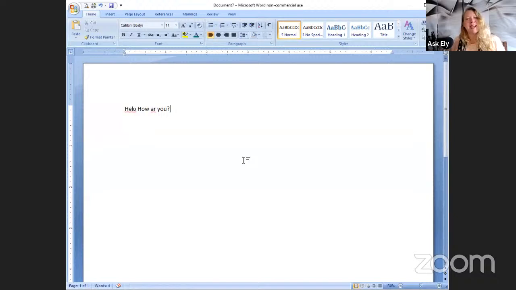Now, I'm not that bad of a speller. I know how to spell hello and how are you. But this is an example. The red line means that there's a spelling mistake. Now, here's how we can change the dictionary. If you go down to the bottom, you should see a little book with an X on it.